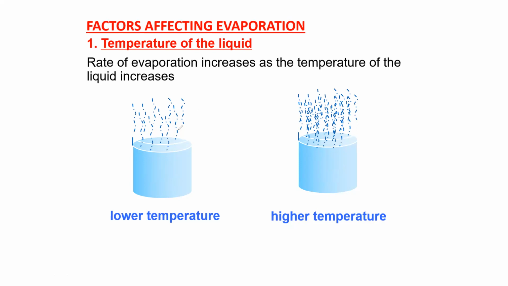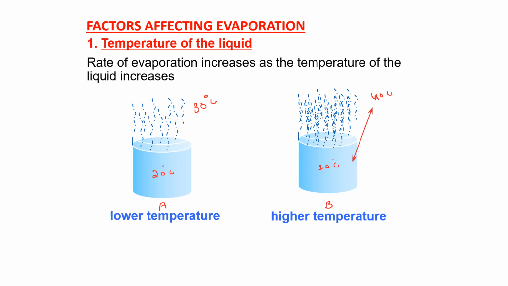In both cases, the rate of evaporation will be higher. In the same way, if I say the surrounding temperature is 30 degrees here, and here the surrounding temperature is 40 degrees, which one evaporates faster? The liquids are originally at the same temperature, but the surrounding temperatures are different. The greater the difference between the temperature of a liquid and the surrounding, the faster the evaporation, because more energy is available in the surrounding.